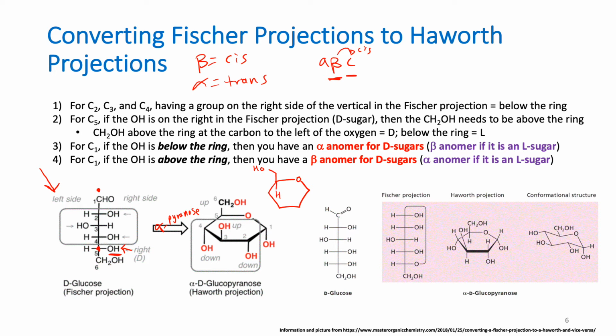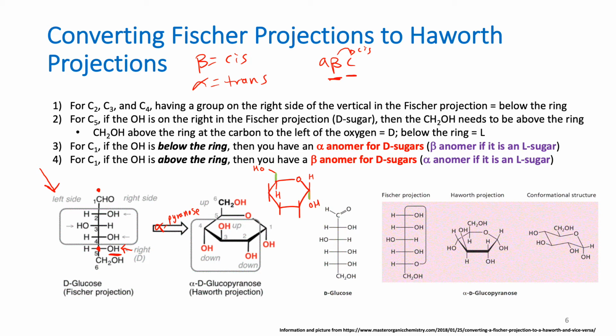Just trust me for now. And then I told you that it's going to be alpha. Therefore, we're going to put the OH group down because when you look at this, and I'm going to change colors to emphasize my point right here, that group and that group are opposite of each other, therefore it's alpha. Okay, hopefully you're tracking with me. Moving on, we don't know what goes right here, or right here, and we've got to figure it out.